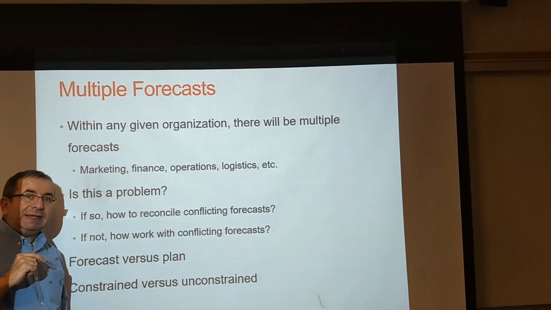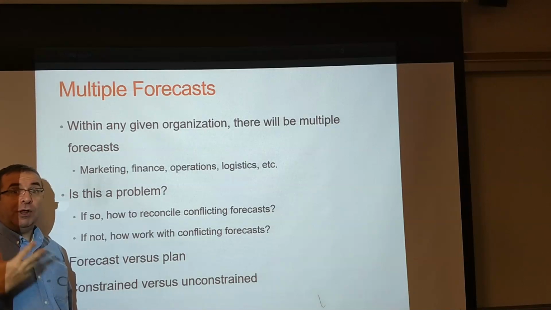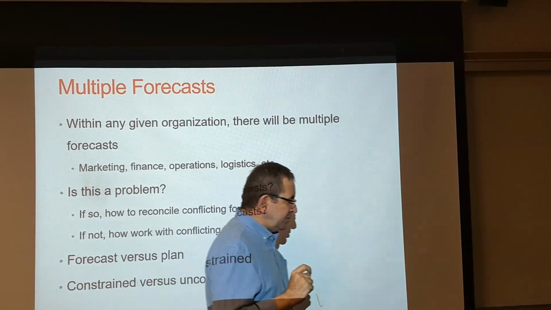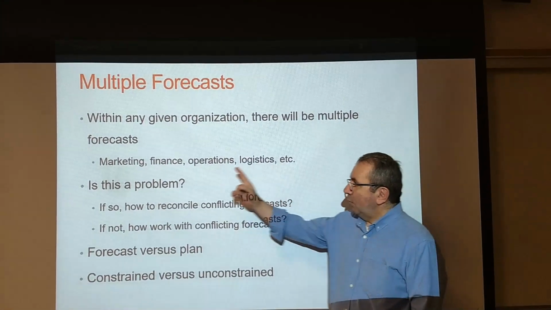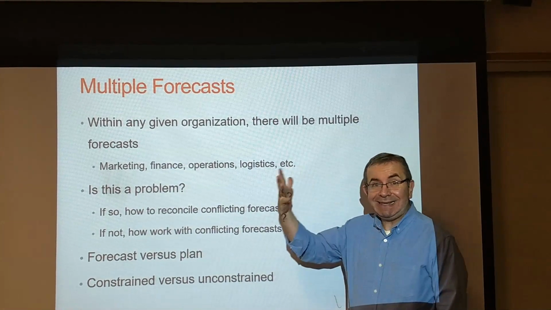Now the question is, is this a problem for a manager? Now imagine you are a manager and you're in charge of all of these departments. You're managing these departments. You're the CEO.